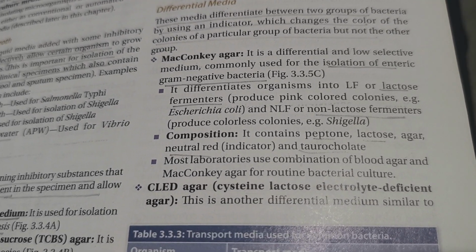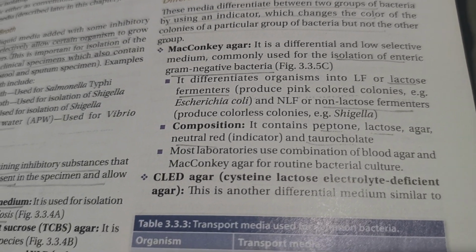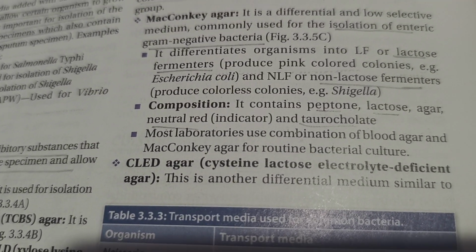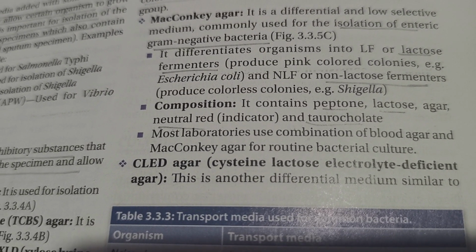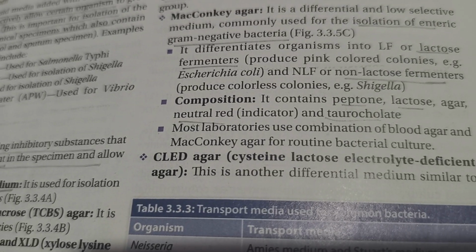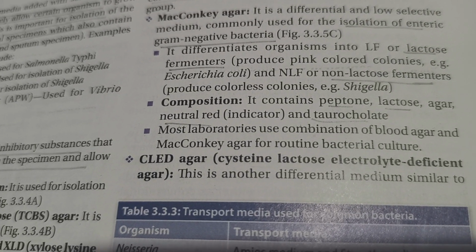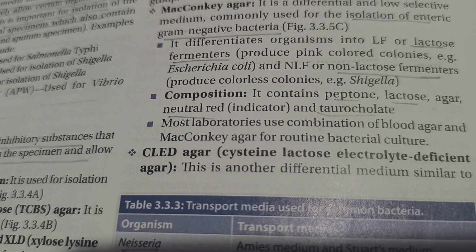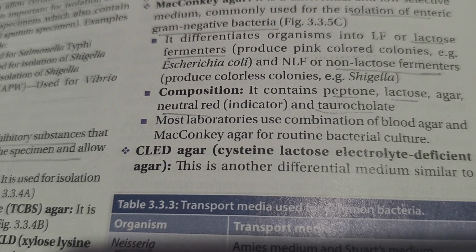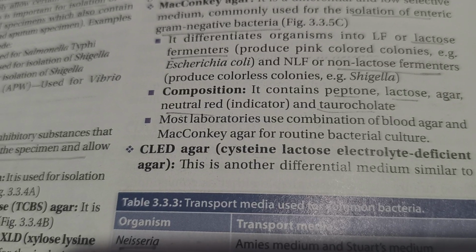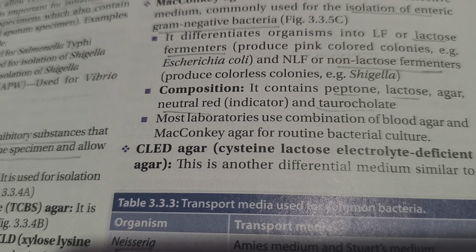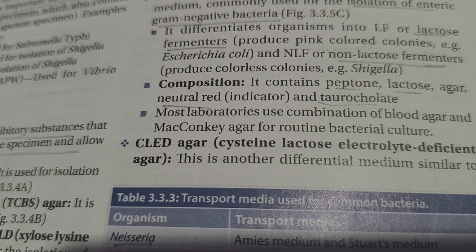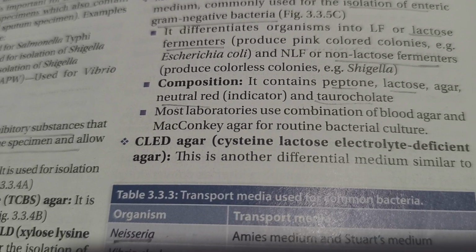For example, MacConkey agar. It is a differential and low selective media commonly used for isolation of enteric gram-negative bacteria. It differentiates organisms into lactose fermenters, which produce pink colored colonies, for example Escherichia coli, and non-lactose fermenters, which produce colorless colonies.